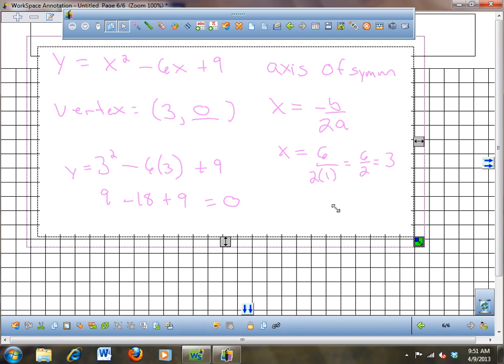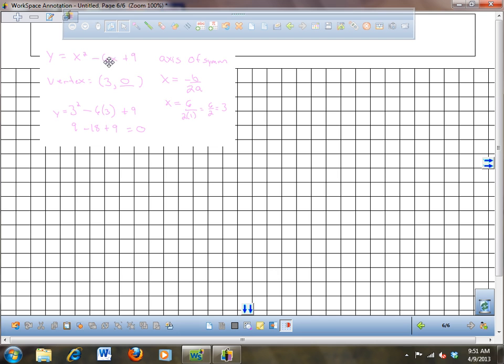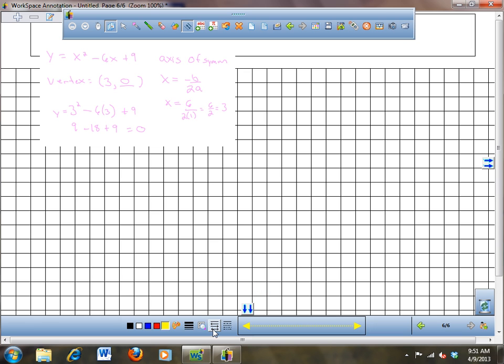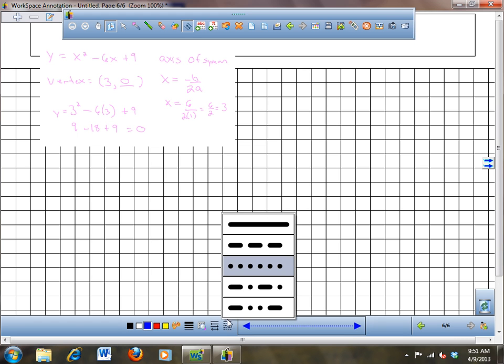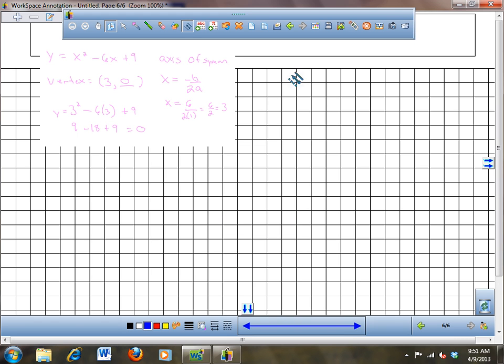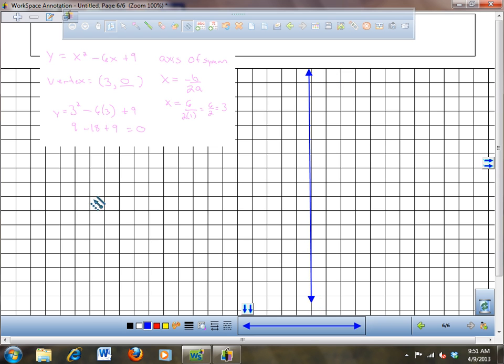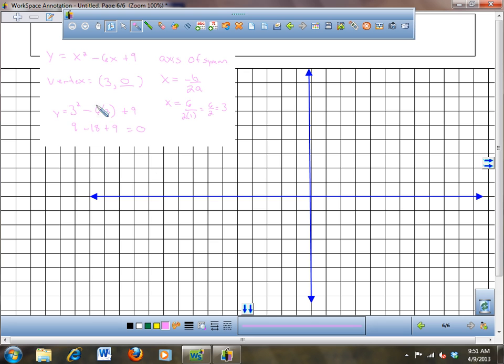And I'm going to try to graph this function. Okay? So, again, I'm going to make some lines. I'm not going to make them yellow because that's hard to see. I'm not going to make them dotted because that's good for something else. So, here we go. There's one axis. There's my y-axis. And I'm going to start plugging in some stuff.